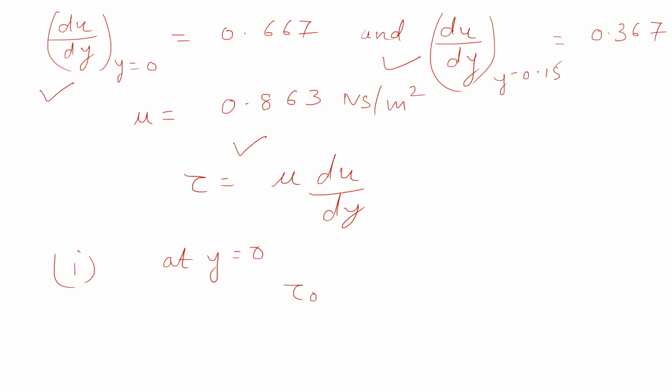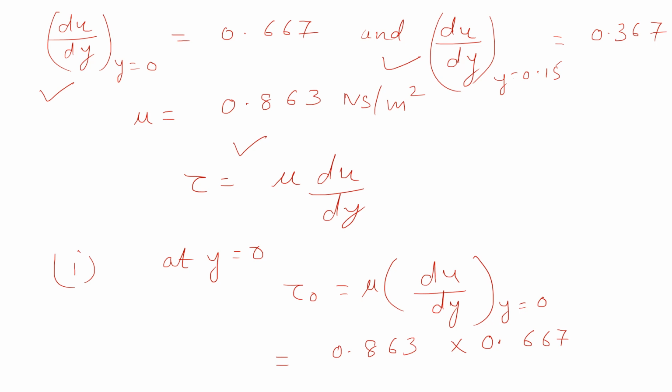So we will put the value, 0.863 multiplied by 0.667, so it will come out 0.5756 Newton per meter square. So this is the value of shear stress at y is equal to 0.